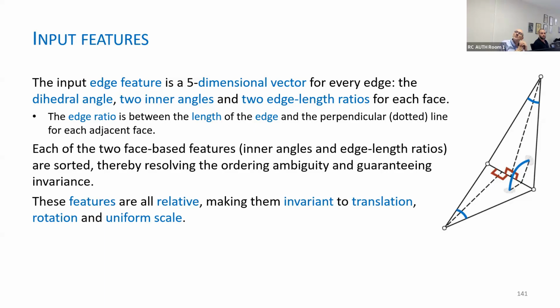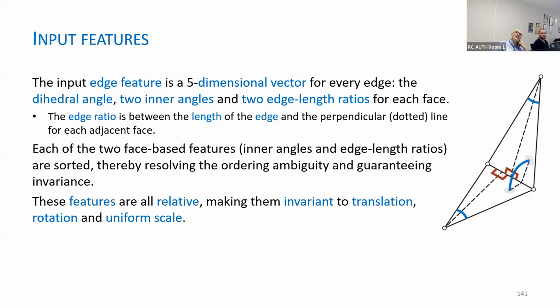And the remaining two are basically the length of the edge divided by the height of the triangle, which is called the edge ratio, the two dotted lines.